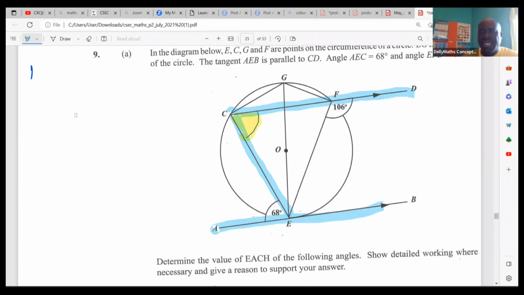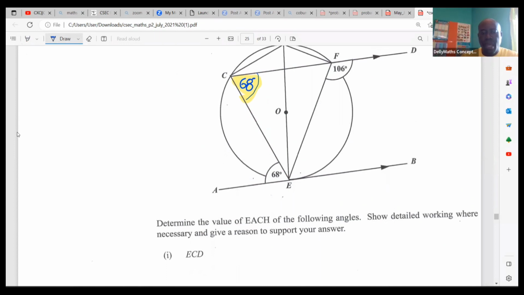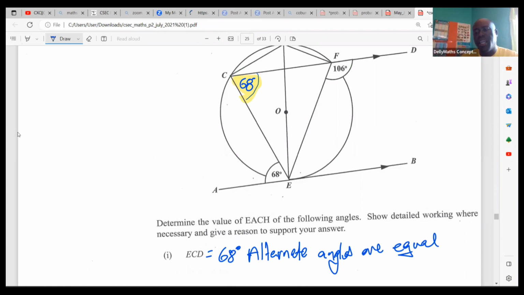Some of us may call it Z angles. So that angle 68 is the same as the angle they're asking for. This angle here is 68 as well. For me, I'll put 68 degrees and I'll put alternate angles are equal, and we're definitely referring to when they're between parallel lines.